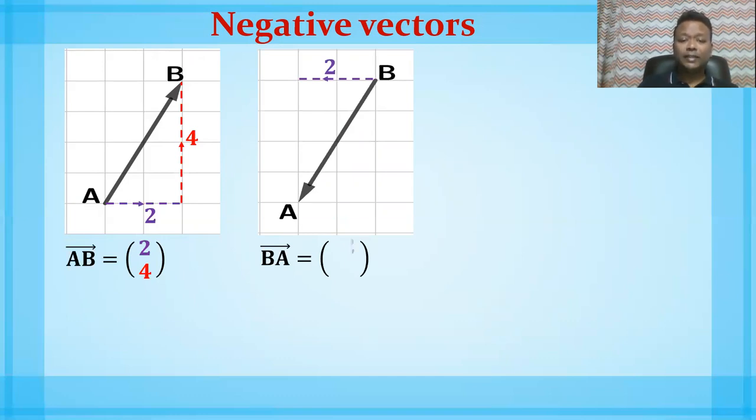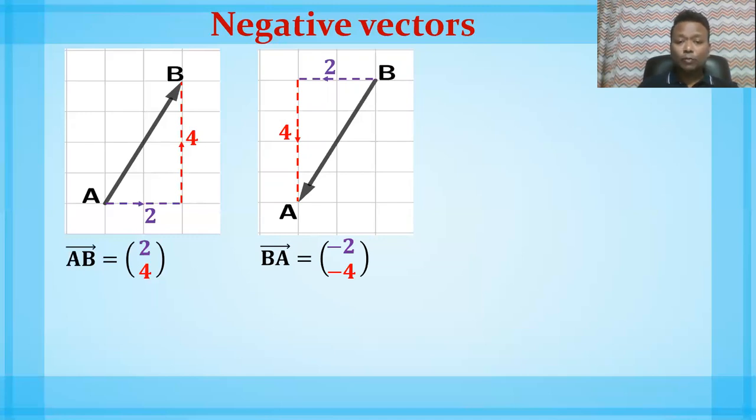So we write -2 in the first row. Then we look at the vertical movement, which is 4 units downwards. So here we write -4 in the second row. So we've expressed the vector BA in column form with components -2 and -4.